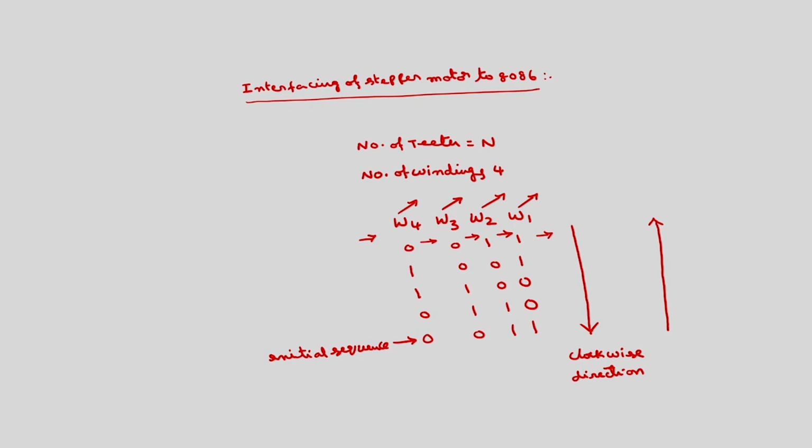So, the interfacing diagram of the stepper motor to 8086 is as follows. This is 8255, and we have 4 windings as I have told. You have to connect through the buffer. This is a bootstrap.